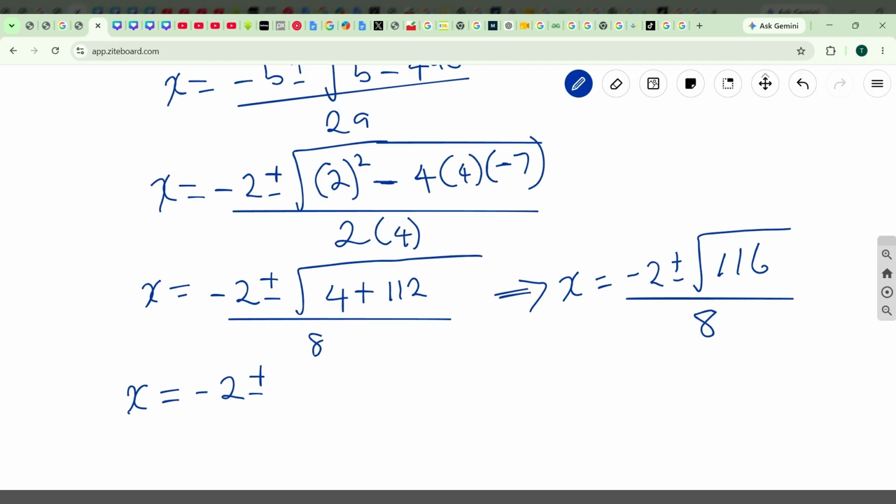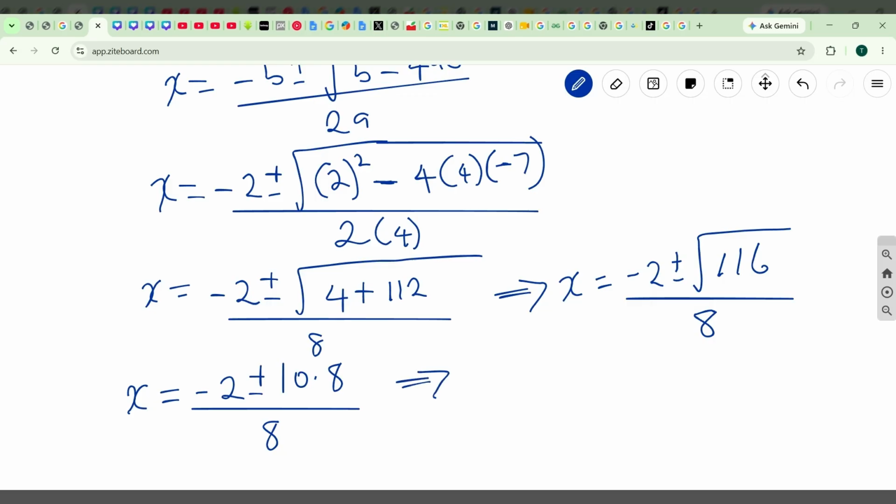Maybe I'm going to do that in two ways. But nevertheless, you can still see that the square root of 116 is 10.7, approximately 10.8. So I can say this is 10.8 divided by 8.